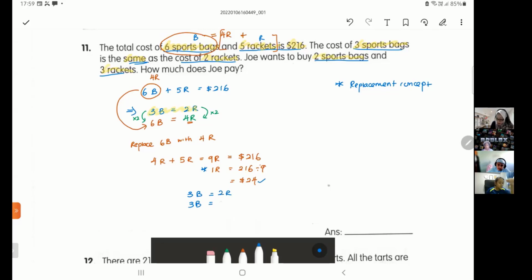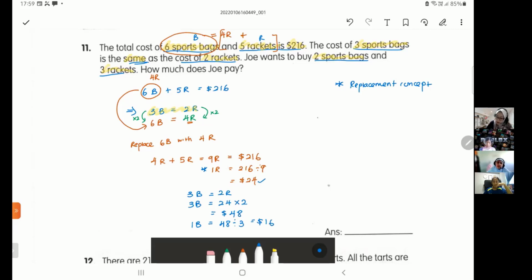So it's simply $24 times 2. And I get $48. So my 3 bags is $48. 1 bag is $48 divided by 3. I get $16. Okay, that is 1 bag.